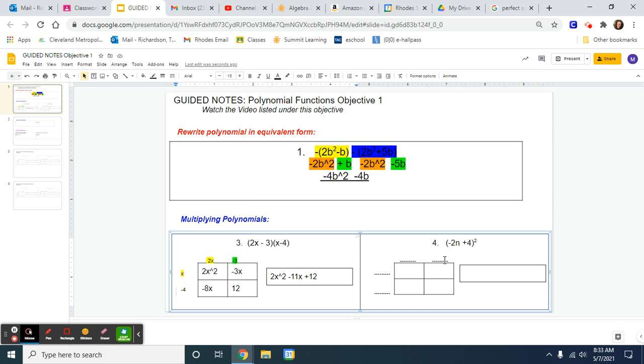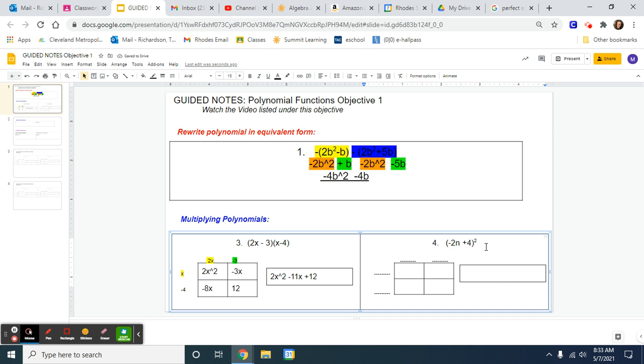Okay, let's do another one. So over here, I just see one set of parentheses, negative 2n plus 4, but notice how it's being squared. So there's actually two of these. So if I were to rewrite this, it would look like negative 2n plus 4, negative 2n plus 4, like two parentheses that are the exact same.